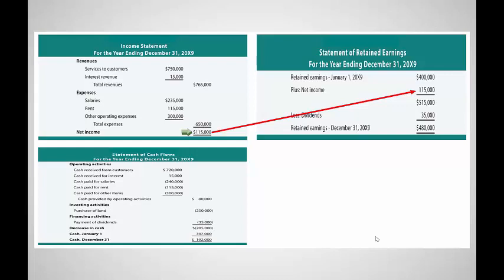The second way that you can use or generate cash is in investing activities, and that's where you are investing in different assets, or you may be investing your money in stocks or some sort of interest-bearing account at a bank. There could be various different ways that you're generating or using cash through investing.